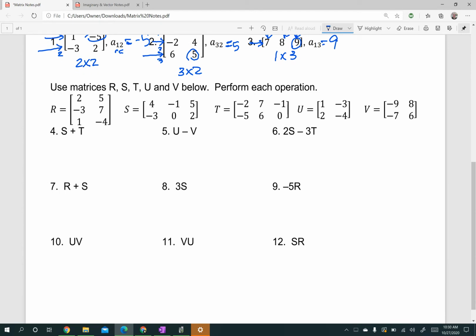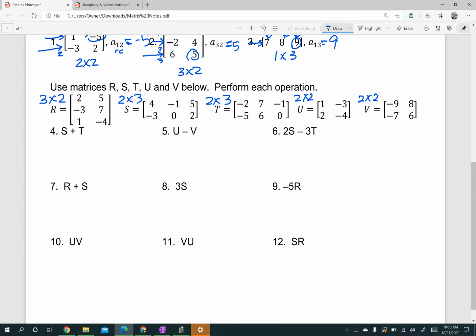So first of all, let's look at what size these are. This is a 3 by 2. This is a 2 by 3. This is a 2 by 3. This is a 2 by 2. And this is a 2 by 2, okay?